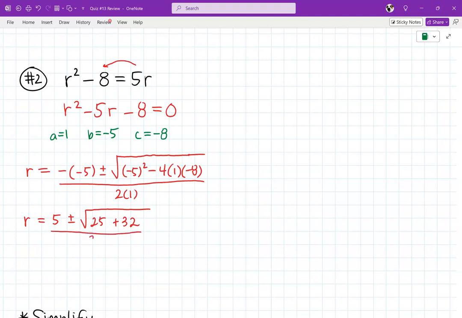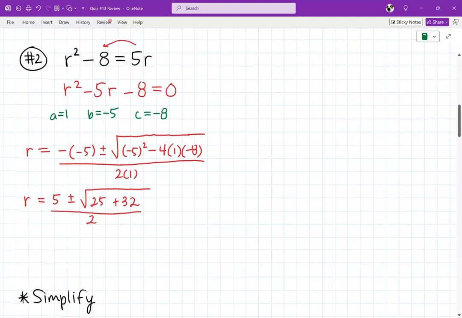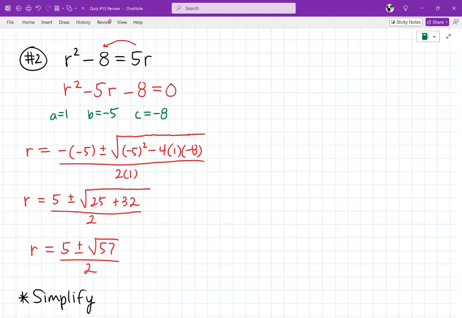And then this comes out to over 2 on the bottom. So continue to simplify. We have 25 plus 32, that's 57. Okay, so r is equal to 5 plus or minus the square root of 57 over 2.